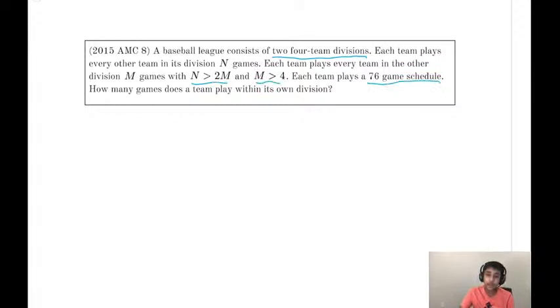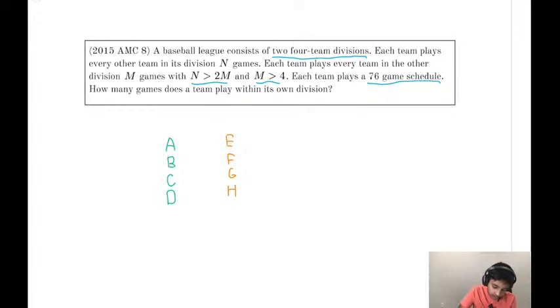So this is a very similar problem to the last one. So let's explore. We have 2 4-team divisions: A, B, C, D on one, and E, F, G, H on the other division. We're given that each team plays every other team in its division n games.